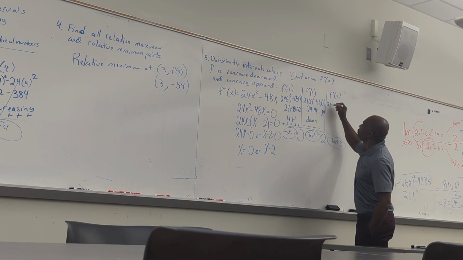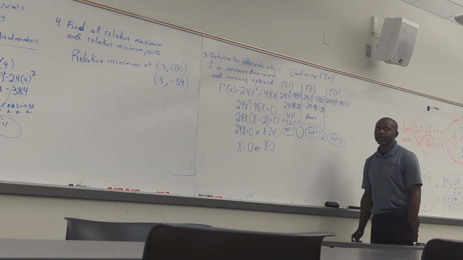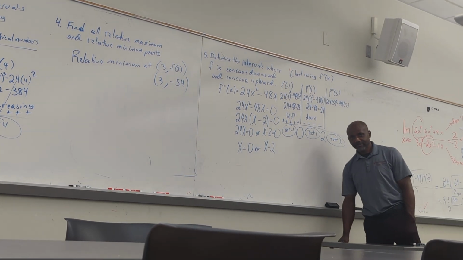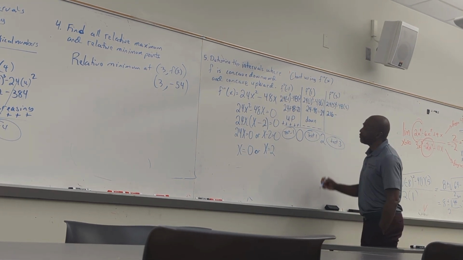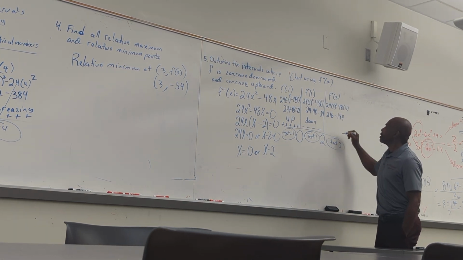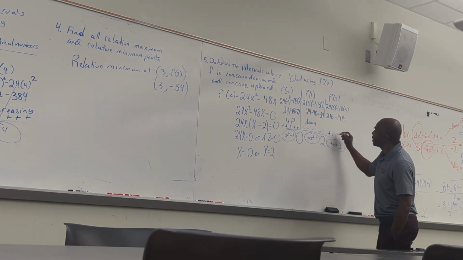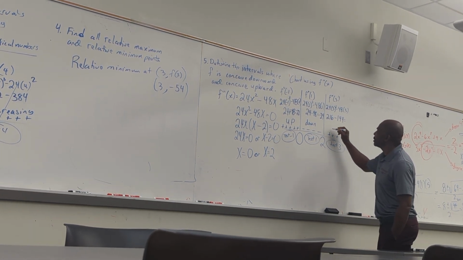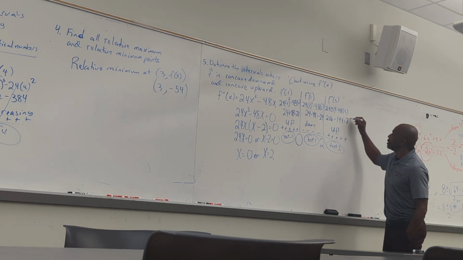I have 24 times 3 squared minus 48 times 3. What's 24 times 9? 216. So we have 216 minus 144, which is 72, positive.